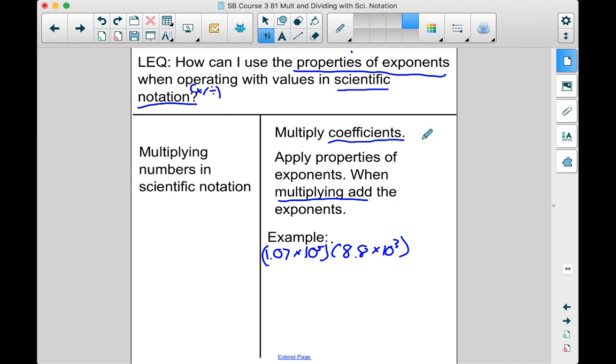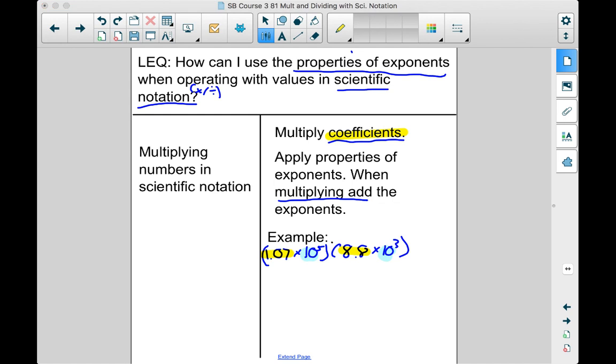okay, I want to point out a couple parts. So within this, my first part that I notice is I have these numbers right here. We call those our coefficients. The next part that we have is we have 10 and 10. Those are our bases.